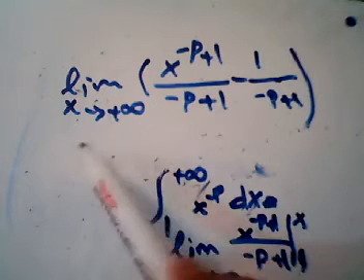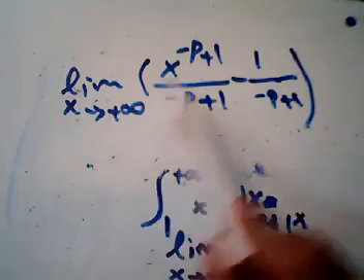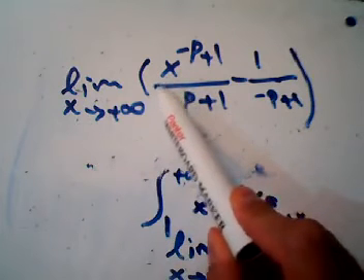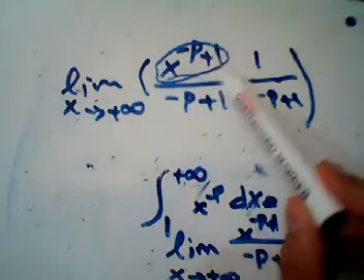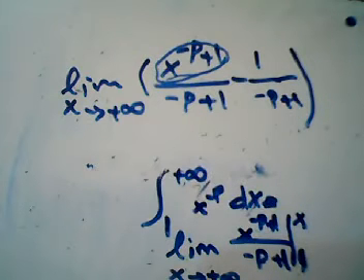Now when x goes to positive infinity, this would be what? This would be 0. Okay, not always.